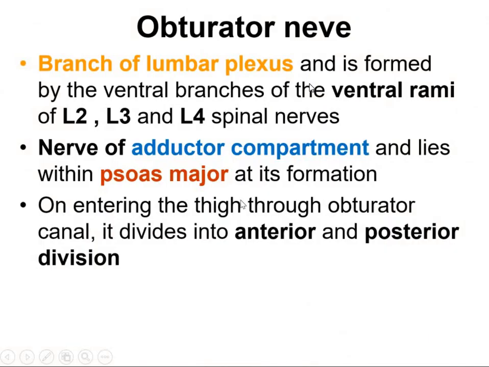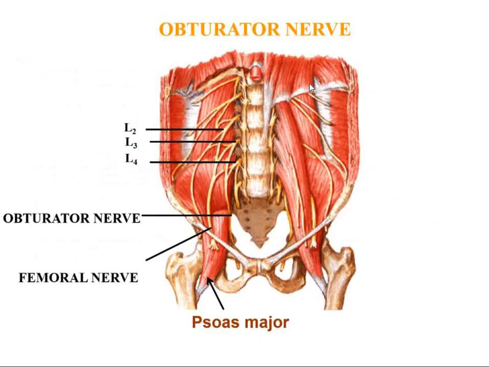On entering the thigh, obviously the psoas muscle is going downwards, so on entering the thigh through the obturator canal, it divides into anterior and posterior divisions. Okay, so it will divide into anterior and posterior divisions.